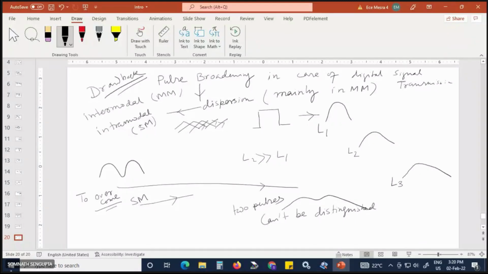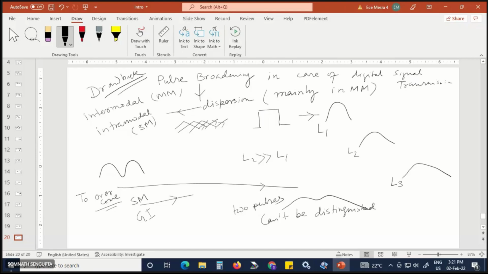So to avoid pulse broadening, you can use single mode fiber. You can use graded index fiber, a GI fiber, where all the rays travel at the same speed. Generally, different rays travel at different speeds, and that is the main cause. If we allow all the rays to propagate at the same speed, then there is no pulse broadening.